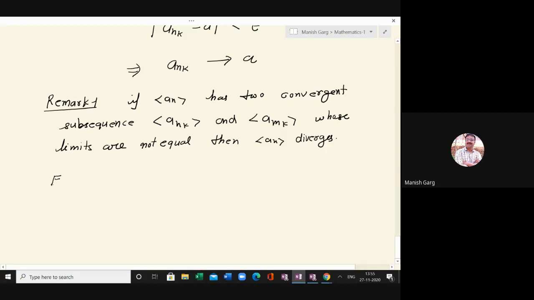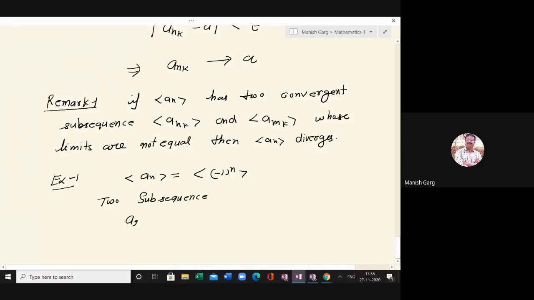Example: take a_n equal to (-1)^n. So you have two subsequences.